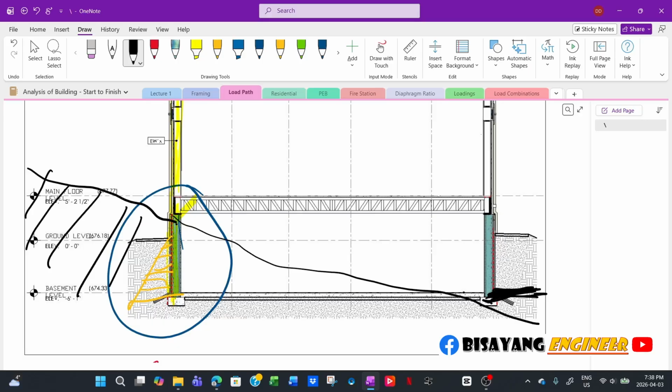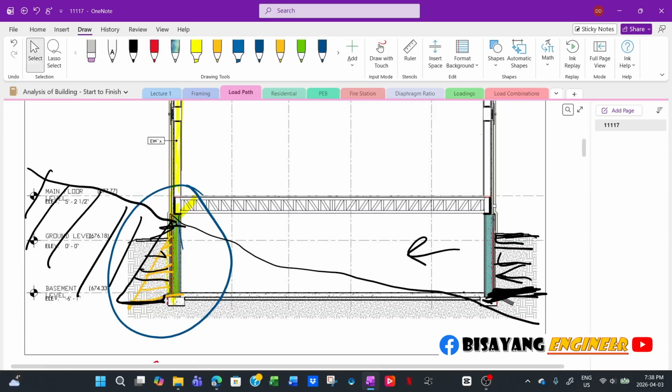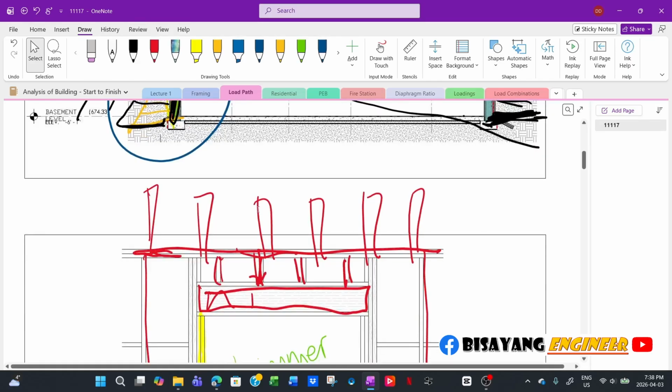So in this case, you have an asymmetric load now, because you have lateral earth pressure in this direction, but nothing pushes against in this direction. So you now rely on the frictional resistance of your building, or sometimes you will design this as a retaining wall with a keyway.